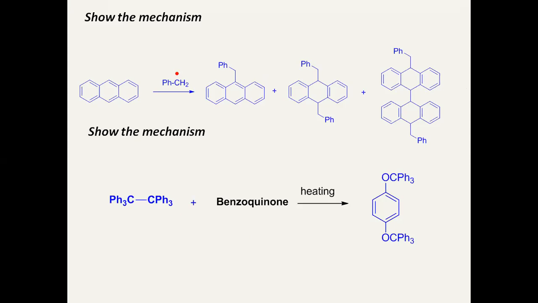That is a very important question. So you have to show the first initiation, and remember, all reaction takes place at these two carbons, which means they are very reactive carbons. So you have to show the mechanism of this reaction, and also benzoquinone, and now this hexaphenyl ethane.